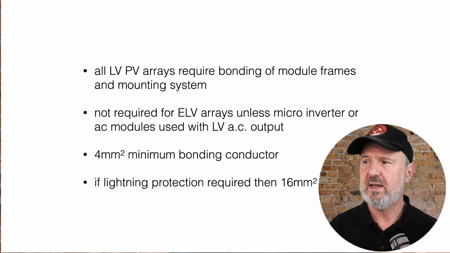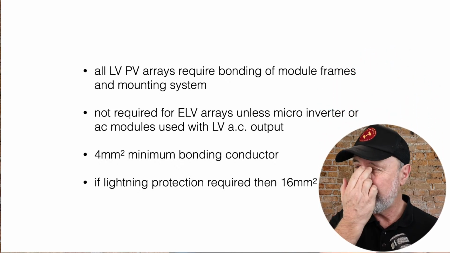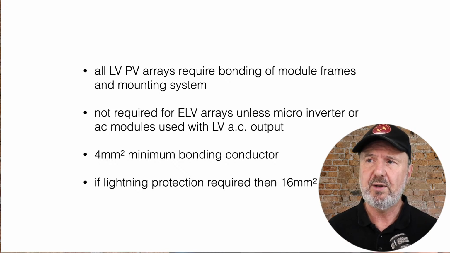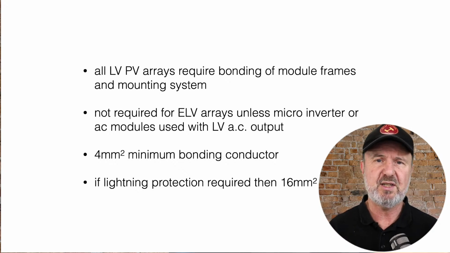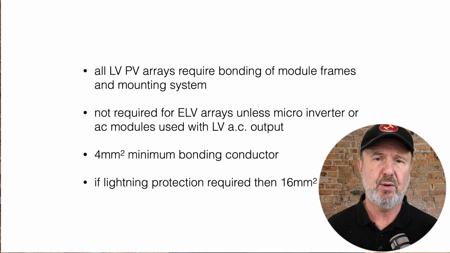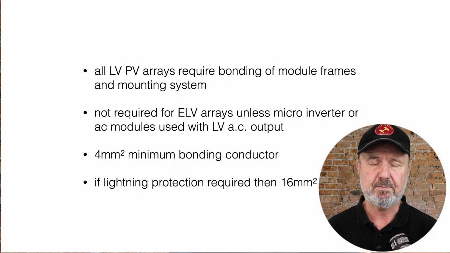Okay, bring myself down again. So all LV PV arrays require bonding of the module frames and mounting system. Now, what I mean by low voltage PV arrays is systems over 120 volts DC need to have the conductive parts of the modules and frames and mounting systems bonded to earth. This is usually done using what is called bonding washers and an earth lug, but there are other means to do it.